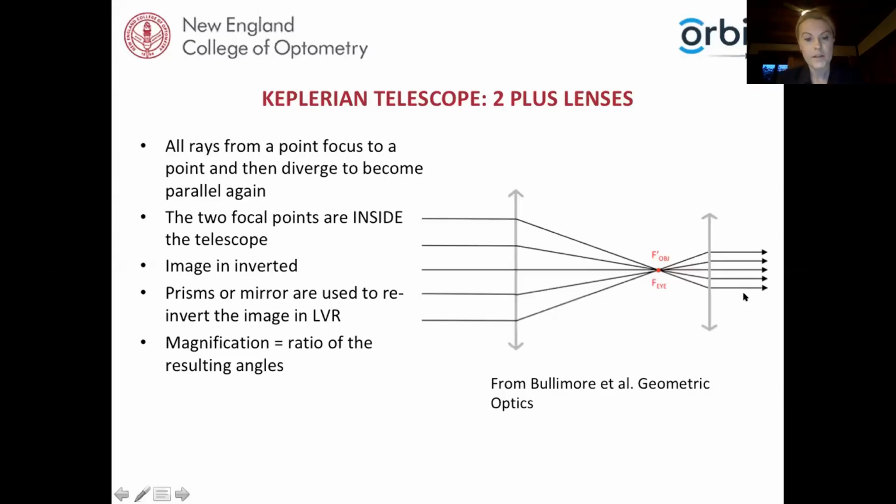For a Keplerian system, we've got two positive lenses for our objective and our ocular lens. As you can see, the two focal points are inside the telescope itself. Because of this, the image is inverted, and so often we have to put some mirrors in the plane here to revert the image. The magnification that we're getting from a telescope is really a ratio between the angles here and the angles here.